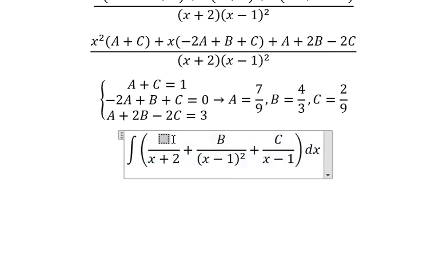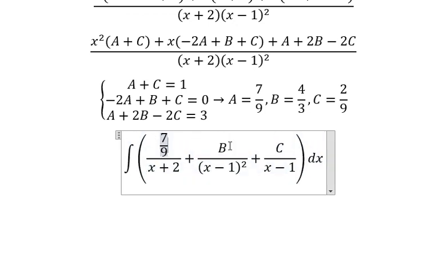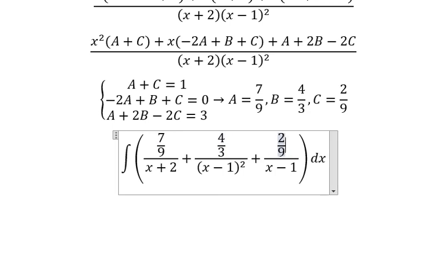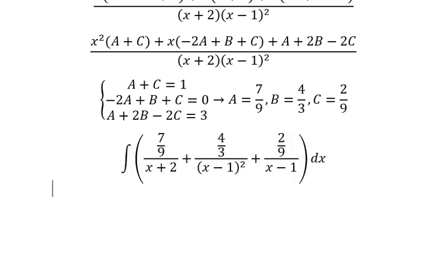A is 7 over 9, B is 4 over 3, C is 2 over 9. And now we have the final answer.